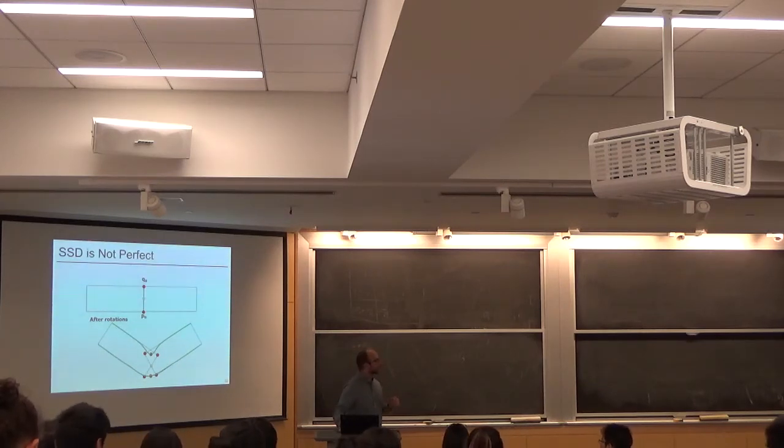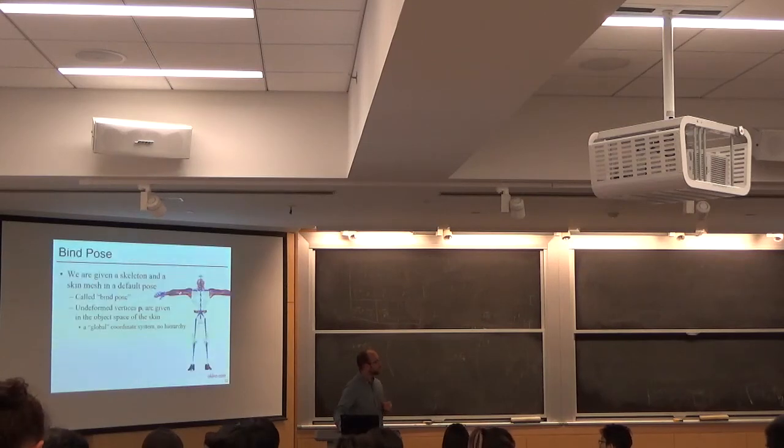Okay, so now let's talk about a few details of SSD. One of them is that we need to deal with something called the bind pose. The idea is that I have to figure out how everything moves as a function of the skeleton. So I need some communication between the skeleton and the 3D mesh that's beyond just those influence weights.